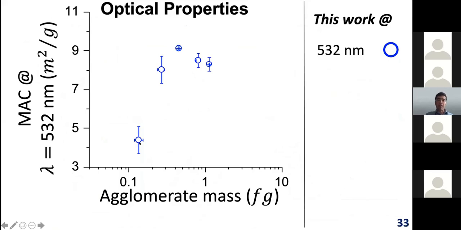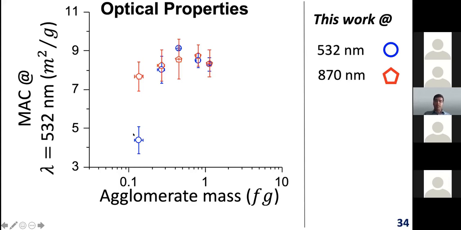We measured particles from 75 to 175 nanometers in mobility diameter, resulting in mass from about 0.1 femtogram to 1 femtogram. Here you're looking at the data measured at 532, as well as 870 scaled to 532 with an Angstrom exponent of 1.